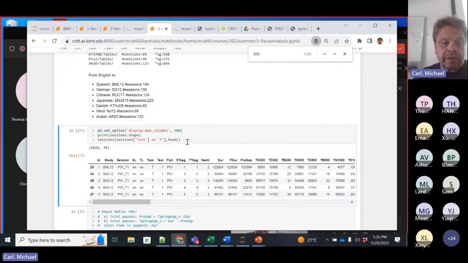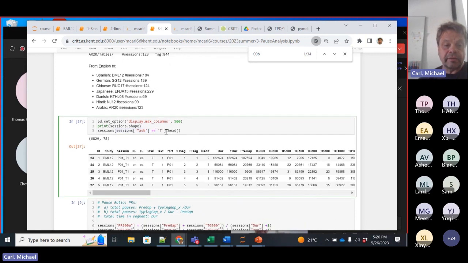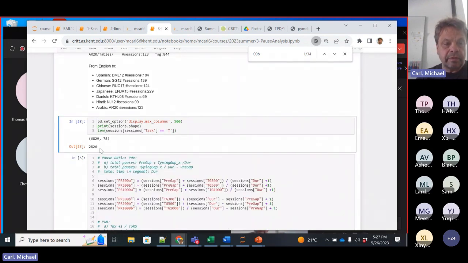Okay, so this would take out from these 6,829 rows only those segments that were translated from scratch. If you wanted to look into how many we have there, I think we can very easily do it like this.